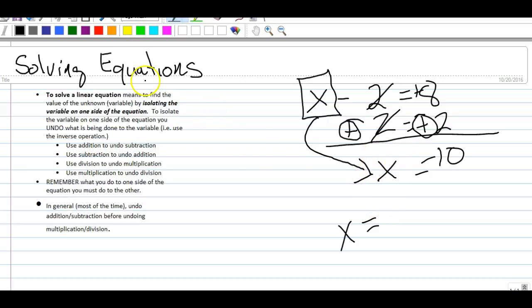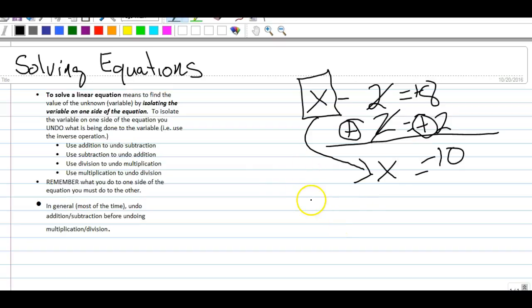Now, you should always check your solution to see if that is indeed what the variable is equal to. In this case, I believe that x is equal to 10. When I solve this equation, that's what I got.